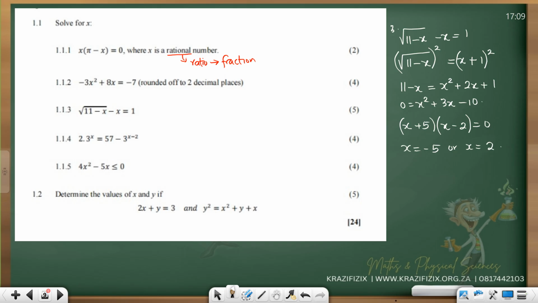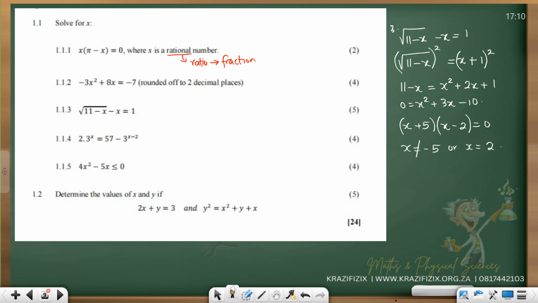Square root of 16 is 4. 4 minus 5, that one is not working. But confirm for me. 11 minus 2 is 9. Square root of 9 is 3. 3 minus 2 is 1. Only 2 works. Do we agree? Check for me. I see that only 2 is working.